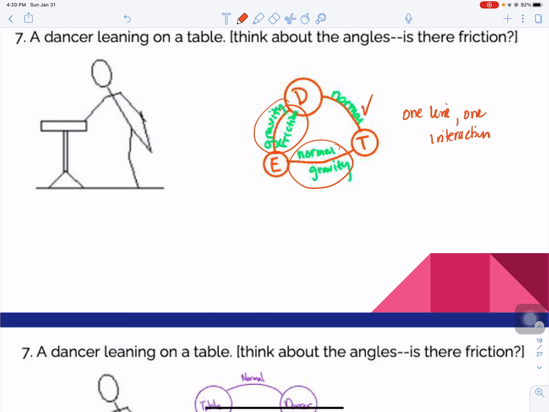Also, I need to have, change back to red, a separate line for normal. And if there's no friction, she's falling. Here, we've got friction without a normal force. We can't have that. So friction and then normal.